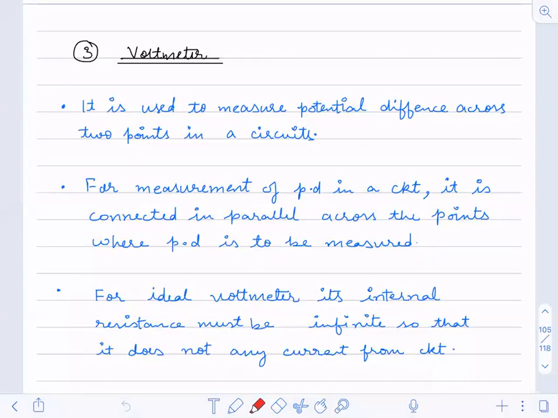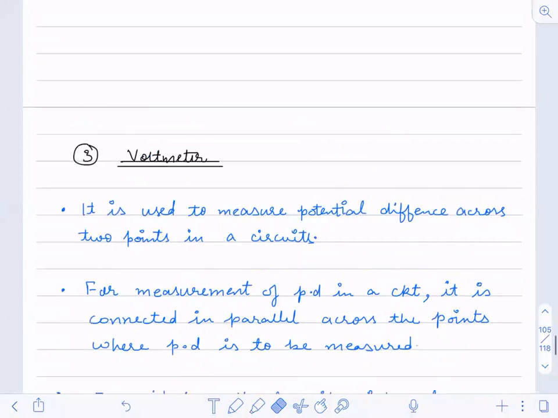Many times by now I have already told you that there is a difference between a potential and a potential difference. It will not measure potential, instead it is going to measure potential difference.